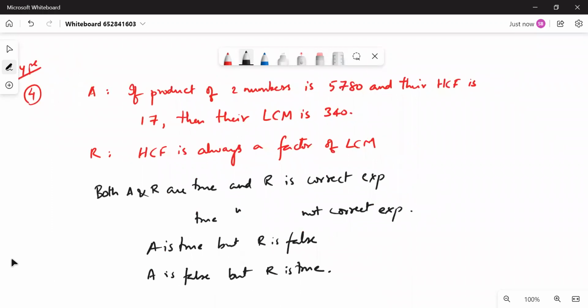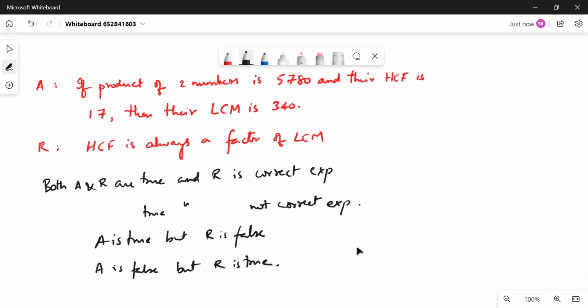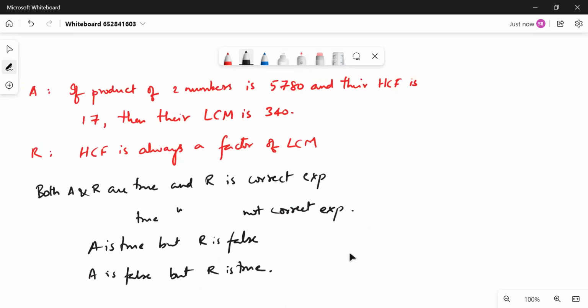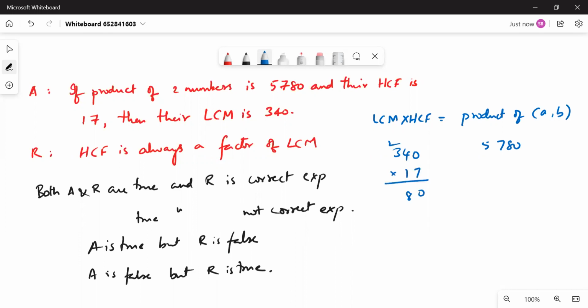See, they are mentioning that the product of two numbers is 5780 and their HCF is 17. So already I know something. What do I know? LCM into HCF should be equal to A into B, that is the product of the given two numbers. So this is 5780. Now if I do 340 into 17, I am getting the same thing. So A is true.